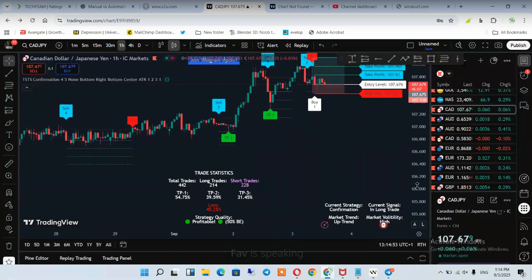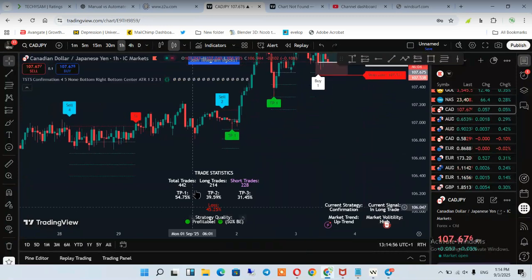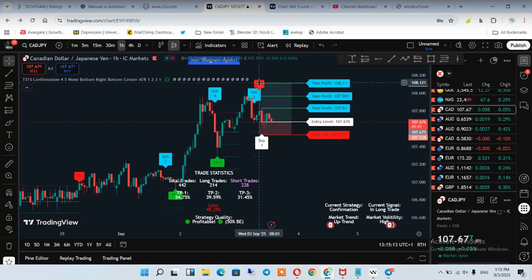Also, when I look at the trade statistics, over 442 trades analyzed on this pair at this particular time frame, 54% of them hit TP1, 39% hit TP2, and 31% hit TP3. For context, TP1 is 1:1 based on settings.